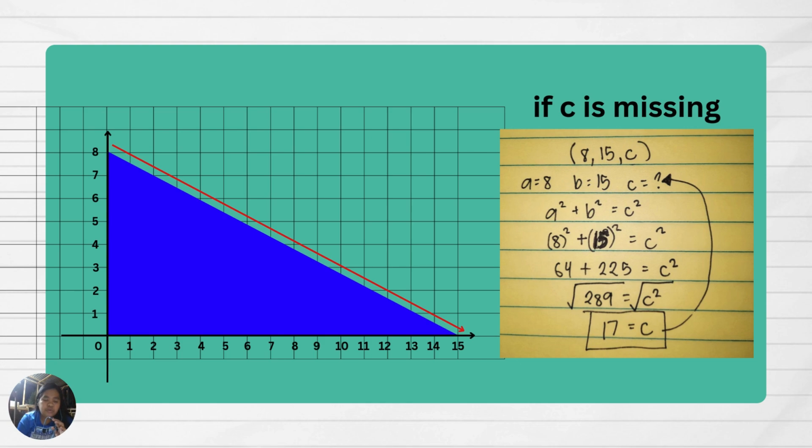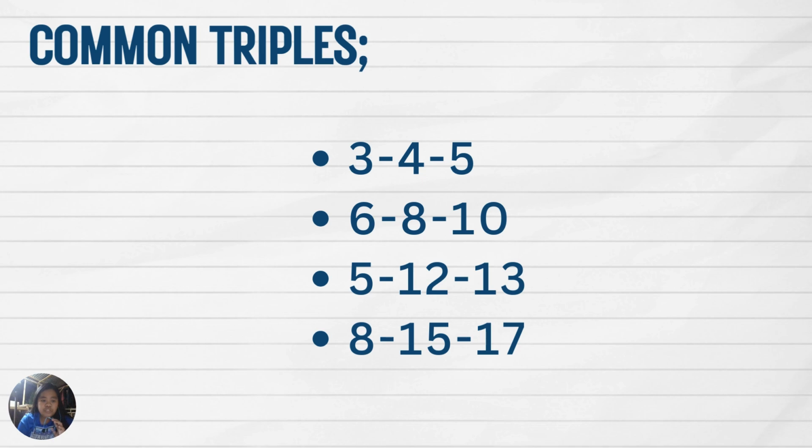Substitute. a squared is equal to 8 squared plus b squared is equal to 15 squared is equal to c squared. The 8 squared is equal to 64, 15 squared is equal to 225. So added together, we have 289. So square root to eliminate the squared. So c is equal to 17. So this satisfies the common triple 8, 15, 17.